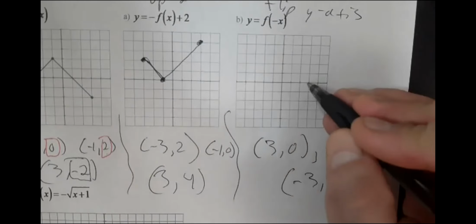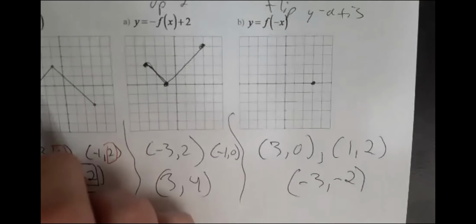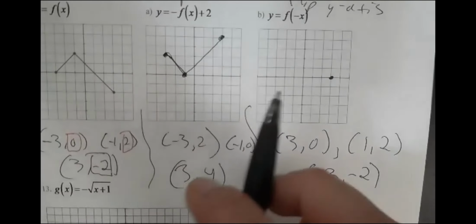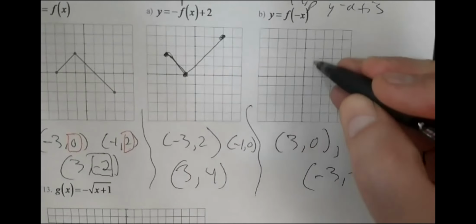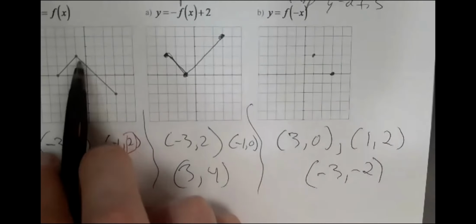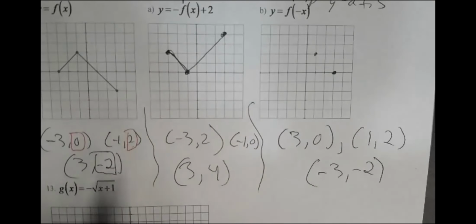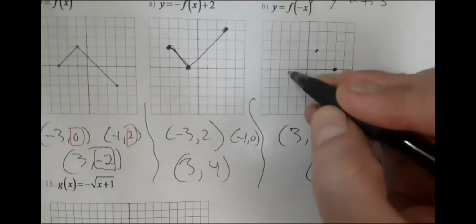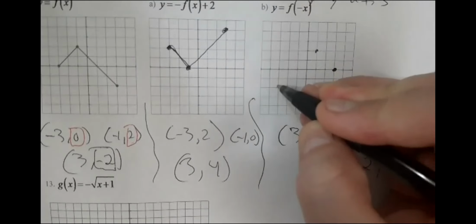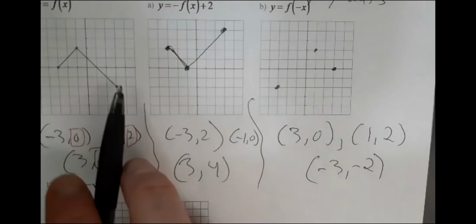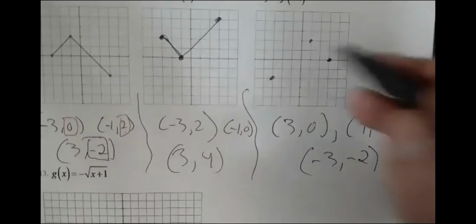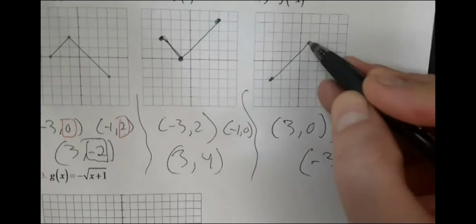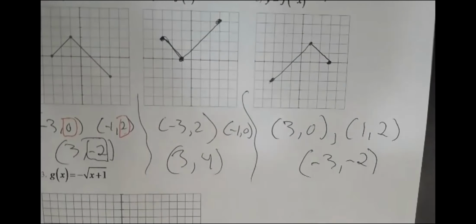So 3, 0 is this point getting flipped about the y. 1, 2 is this point getting flipped over. And then minus 3, minus 2 is here. That is that point getting flipped. This should look sort of like that.